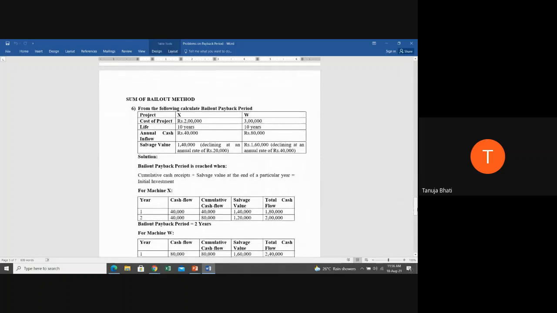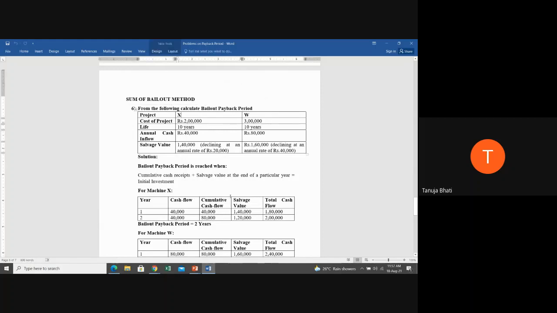Now let us do a sum on the bailout method. So did you all understand discounted payback period? It's very simple. It is on the same lines as normal payback period, nothing more in that. Only you have to discount the cash flows using the discounting factor by using the tables. Next, let us do a sum on the bailout method.